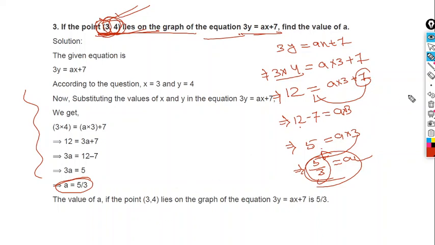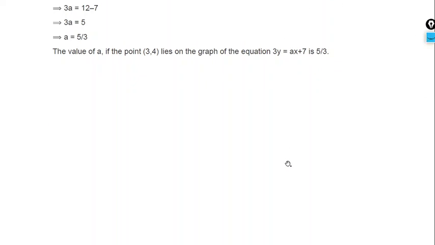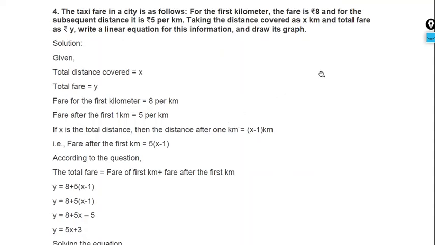Well, now we will move to another question. Question number 4. The taxi fare in a city is as follows.